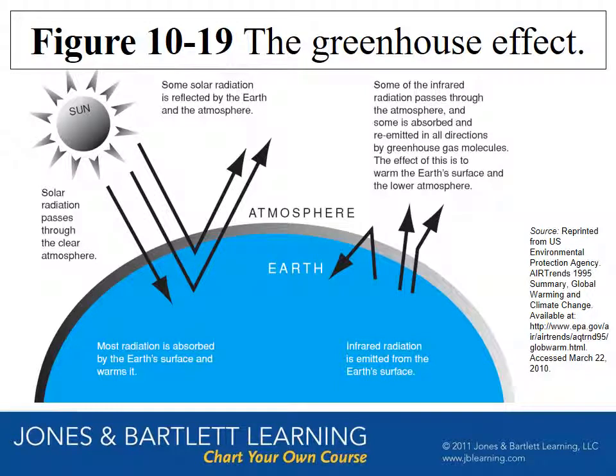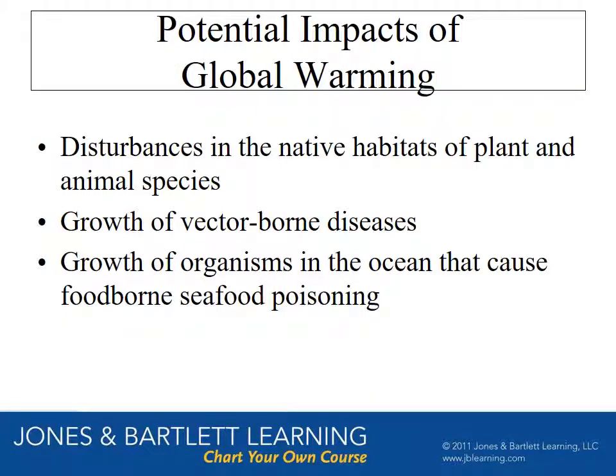And this is just a depiction of what happens. So solar radiation comes in. If there's not a lot of these pollutants that can hold the heat in the environment, it will escape. But much of that is now being re-radiated back to Earth and causing warming of both the surface of the Earth, especially with water.